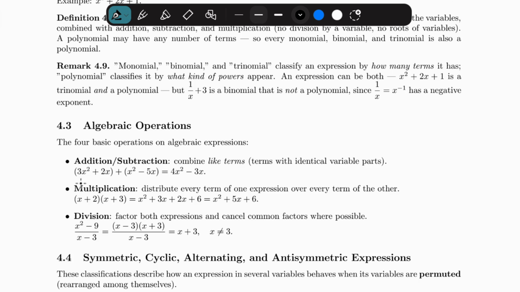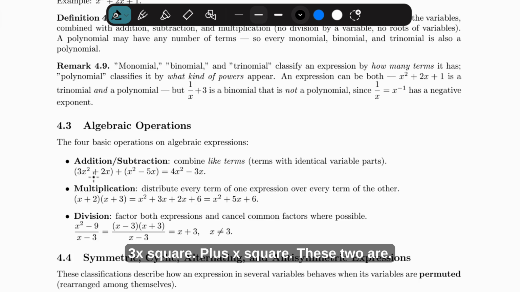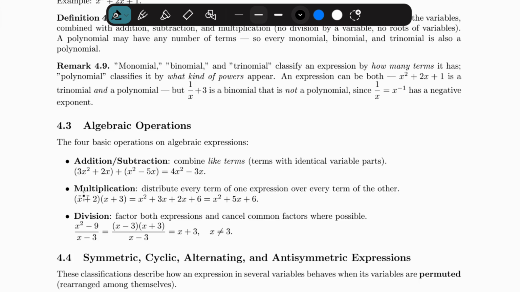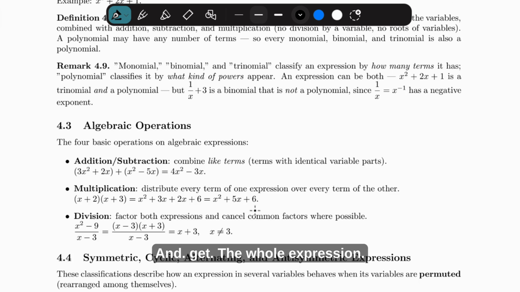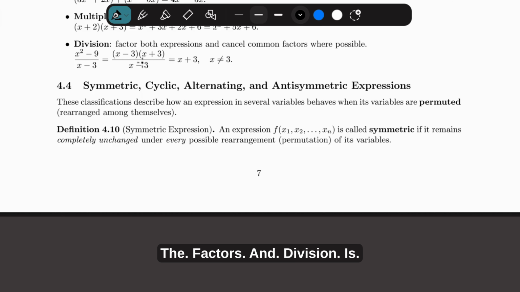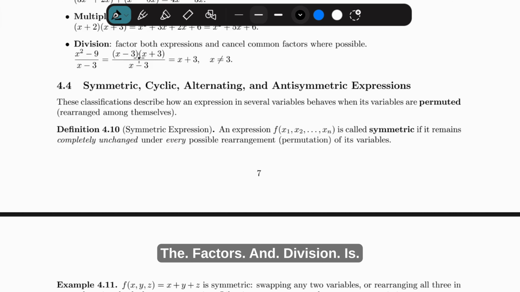Like 3x square plus x square. These two are like terms, we combine them: 4x square minus 3x. Multiplication, you are just using the distributive property over that, and you get the whole expression. Factoring and division is cancelling of factors.